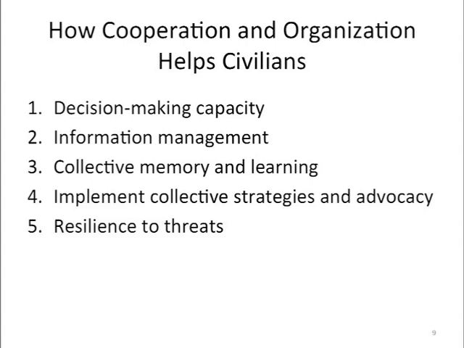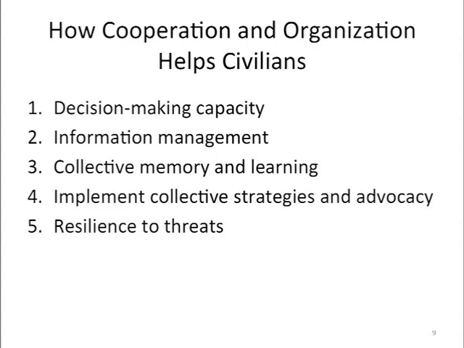Third, these institutions or local organizations provide an opportunity for collective memory and learning. And so they're able to group experiences and insights from across a community and even learn examples from other communities to try to best adapt to local conditions.